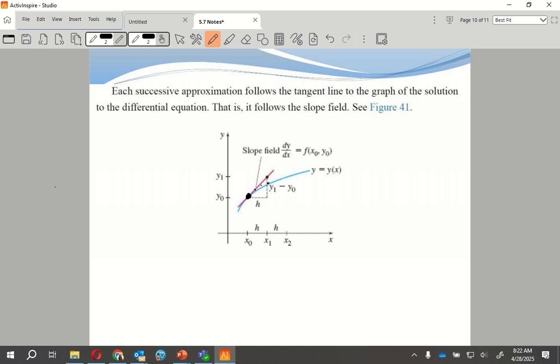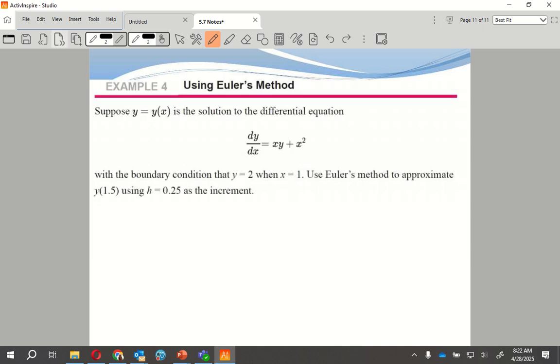Okay. All right, so now Euler's method. Suppose you have y equals y of x, the solution to the differential equation. So this right here is going to give me the slope, right? The dy/dx, that's going to give me a slope at a certain point. Yes? Okay, good.